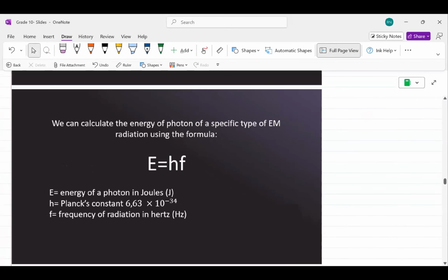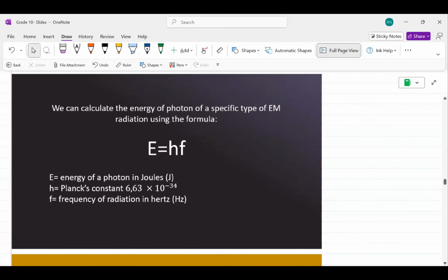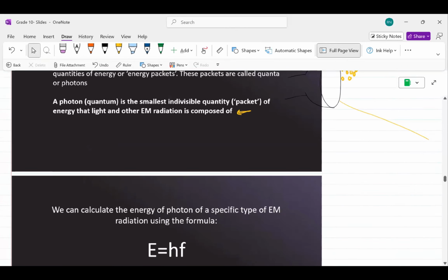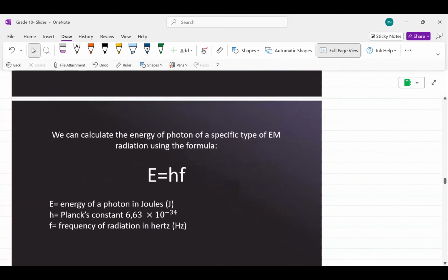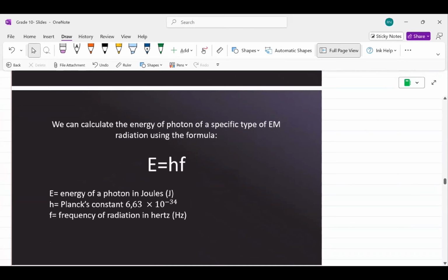Okay, now the last formula that we need to know for waves is this equation for the energy of a photon. So we looked at the photon as a little packet of light. And so usually they'll ask you, what is the energy of the photon? The equation, which is also on your formula sheet, is E, which is the energy of the photon, equals h, which is Planck's constant, which will always be this value, 6.63 times 10 to the minus 34, multiplied by the frequency.